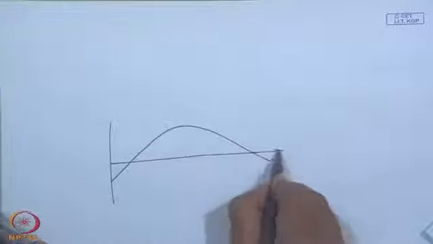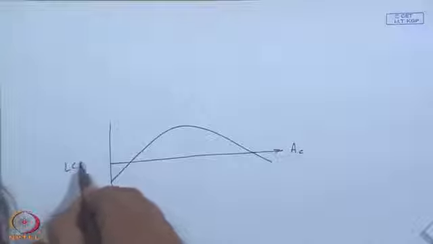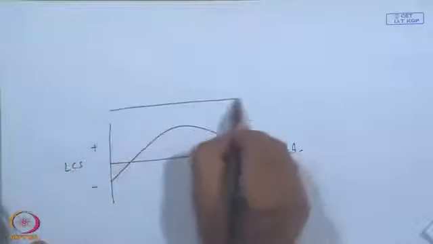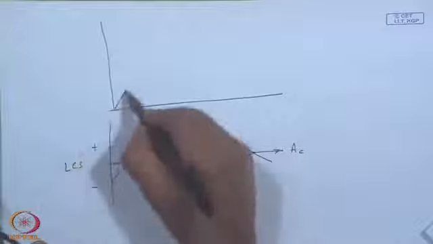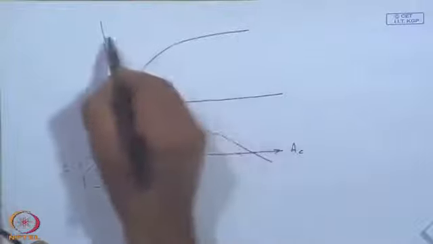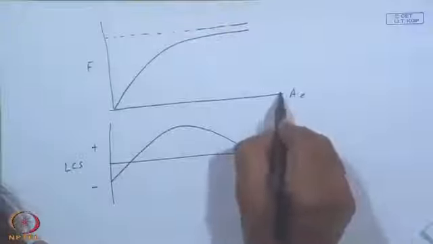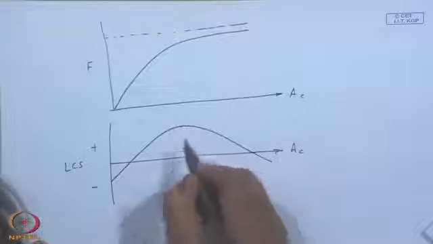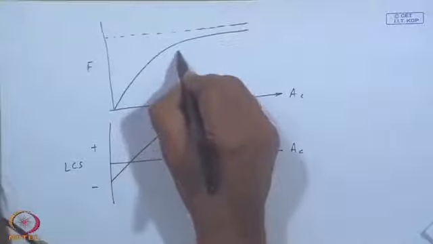This is the area AC and this is LCS positive and negative, and this is the area versus F curve. This should be the optimum, that is where you have your LCS maximum.